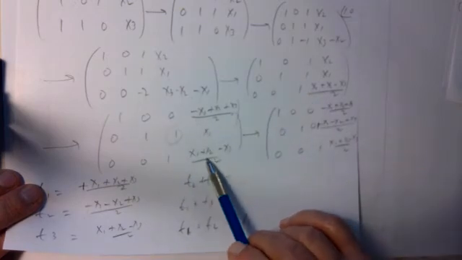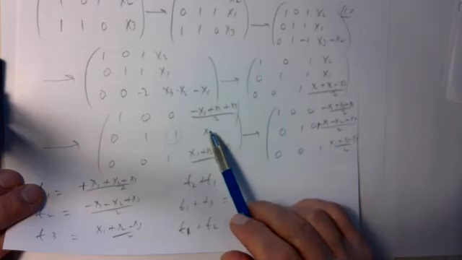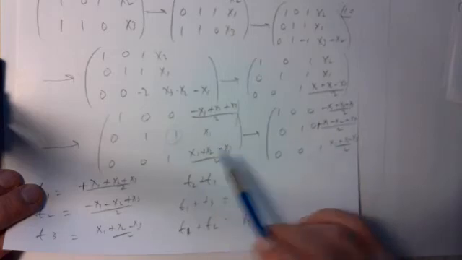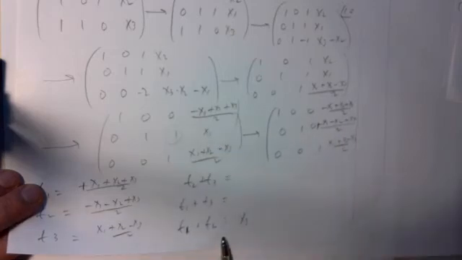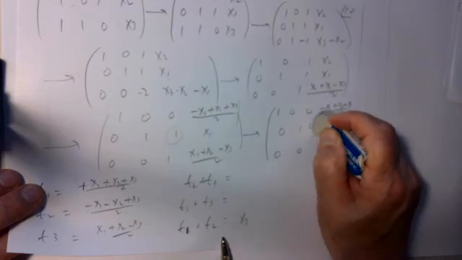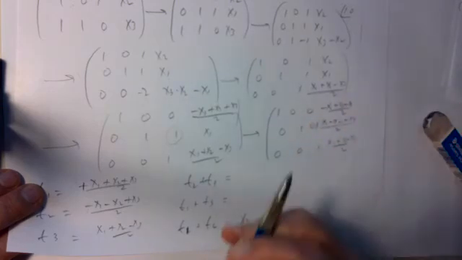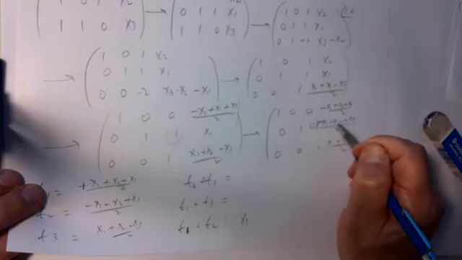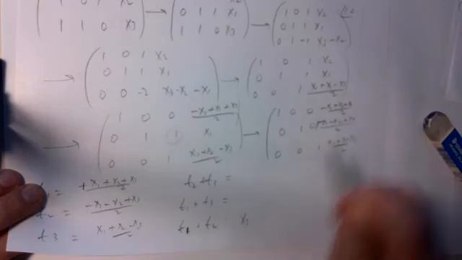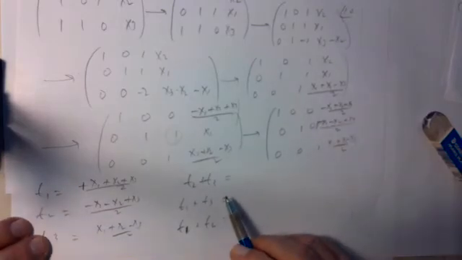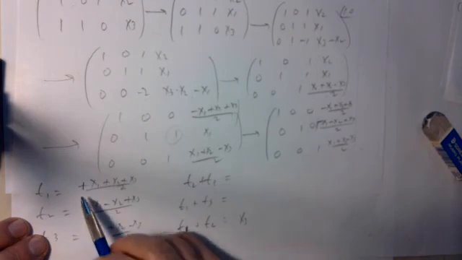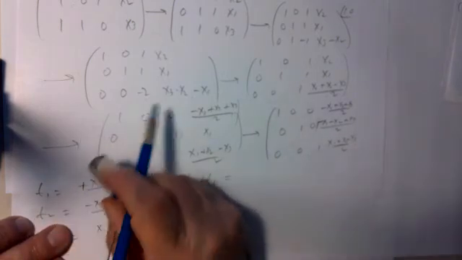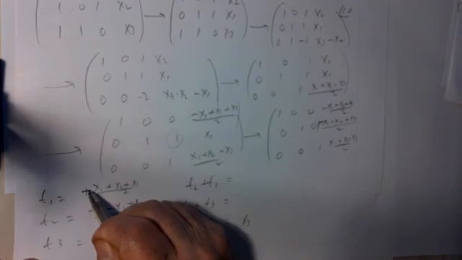And I subtract this from this, so it's this minus this, is minus x1 minus x2 plus x3. So then this should be t1 is minus x1 plus x2 plus x3.